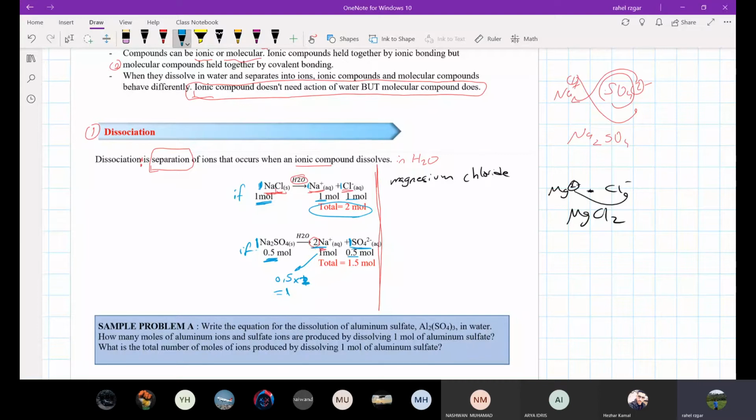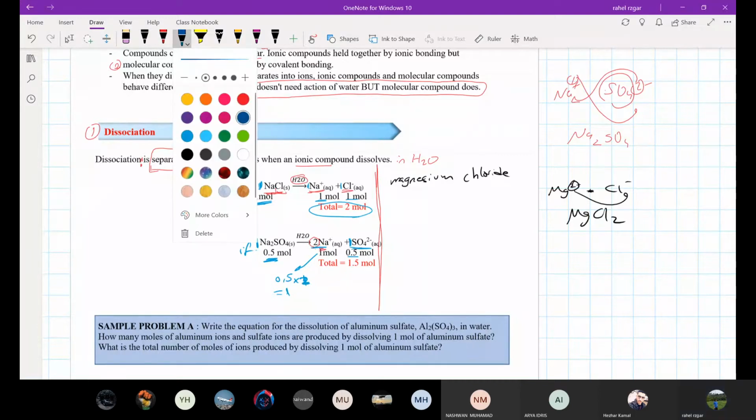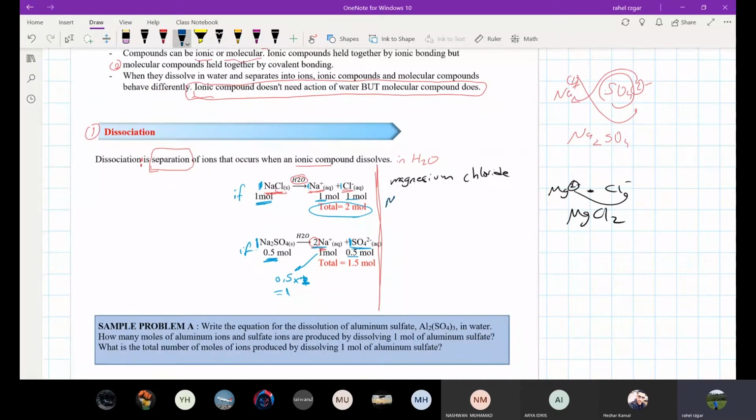Now let's write that down. MgCl2, when it dissolves in water, becomes 1 Mg and how many Cls? 2 Cls. So when we change the states, we change from solid to aqueous. This is solid. The ions become aqueous.